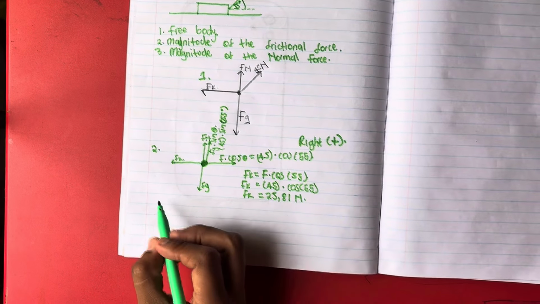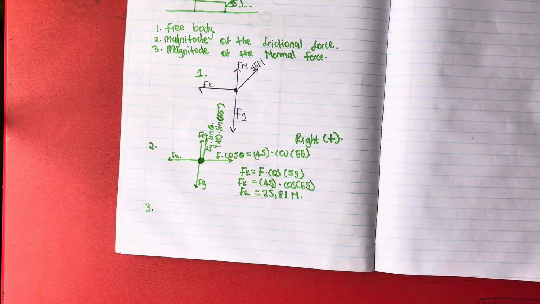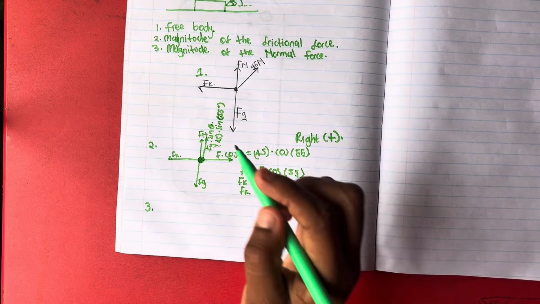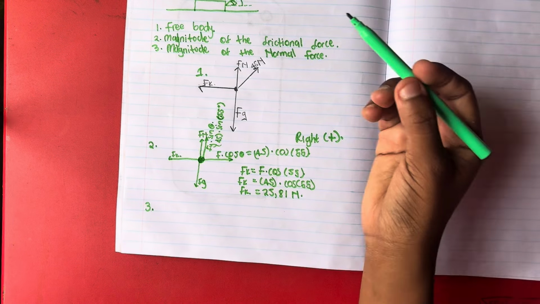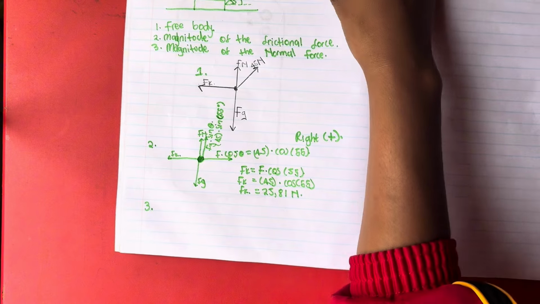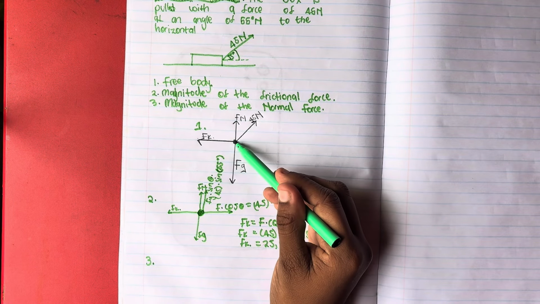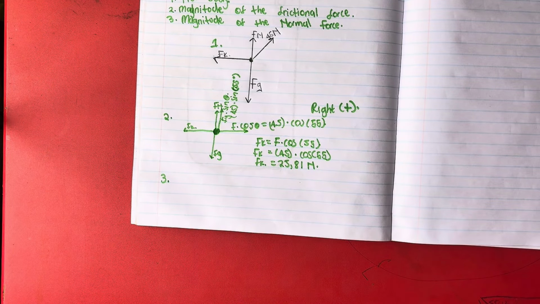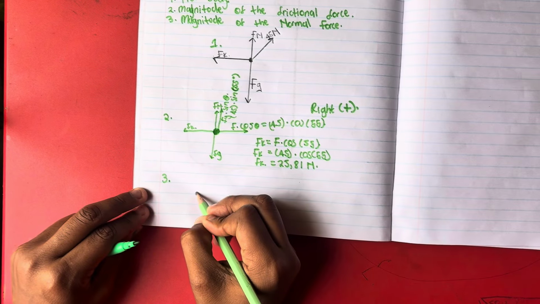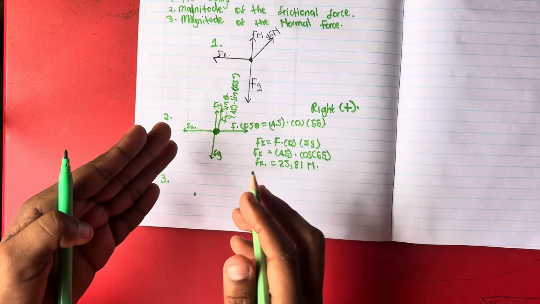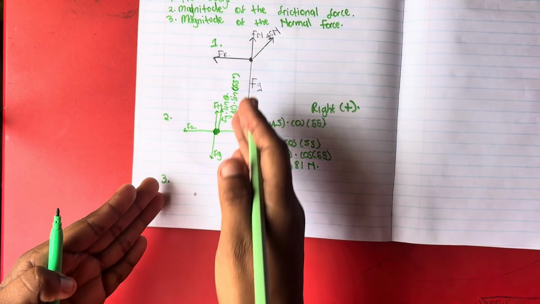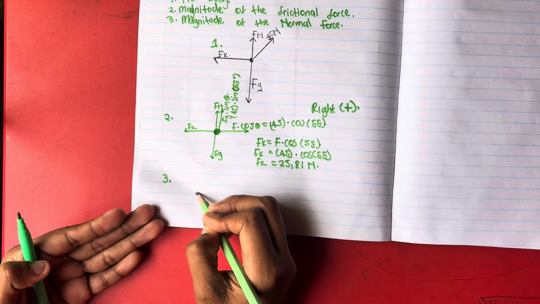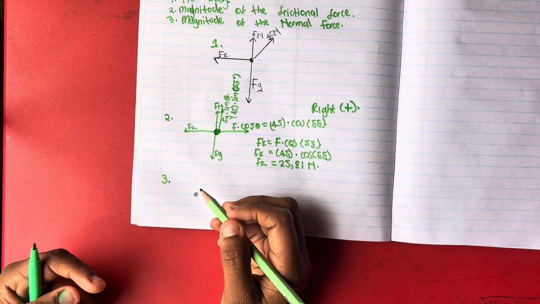Okay, now for number 3, they're saying calculate the magnitude of the normal force. The normal force is this force over here, right? Again, just for convenience's sake, because Fn is in the y-axis, let me just draw all the forces acting in the y-axis.